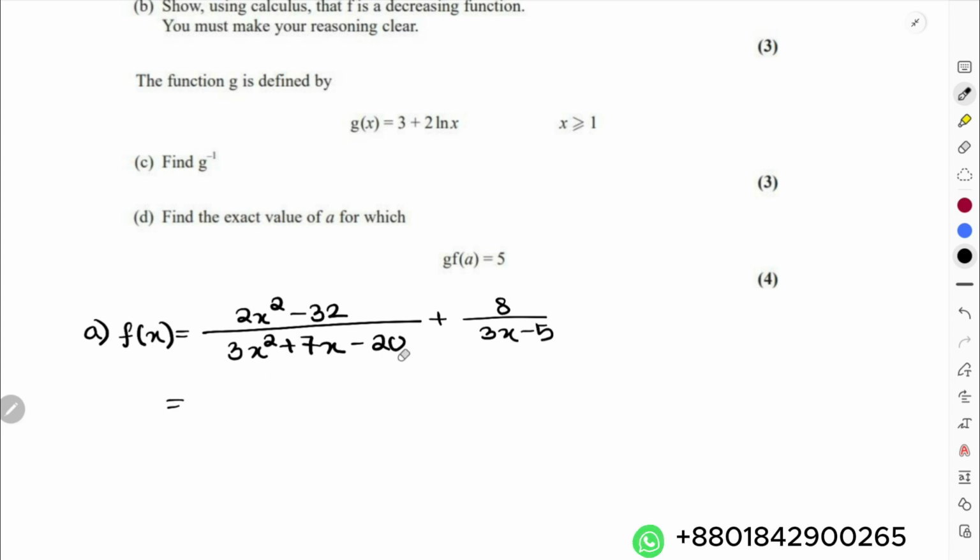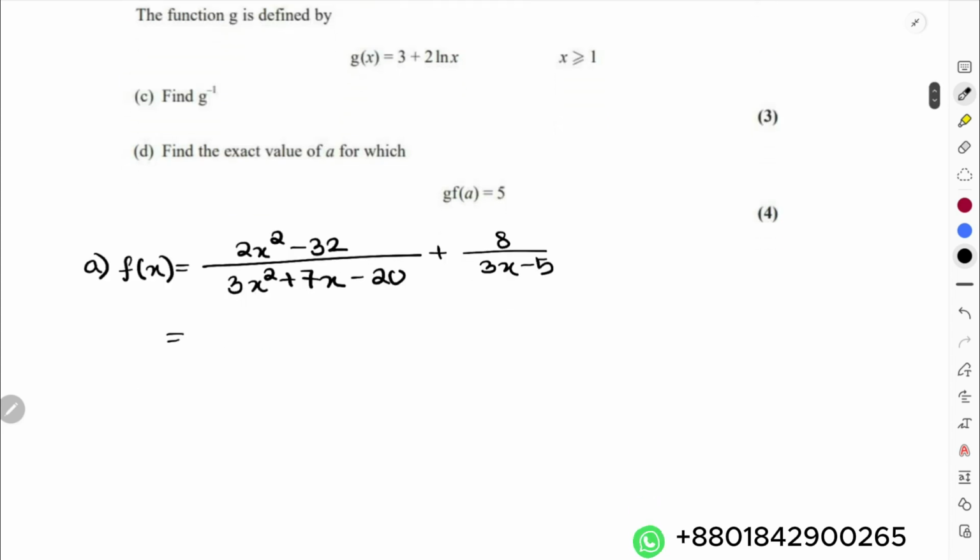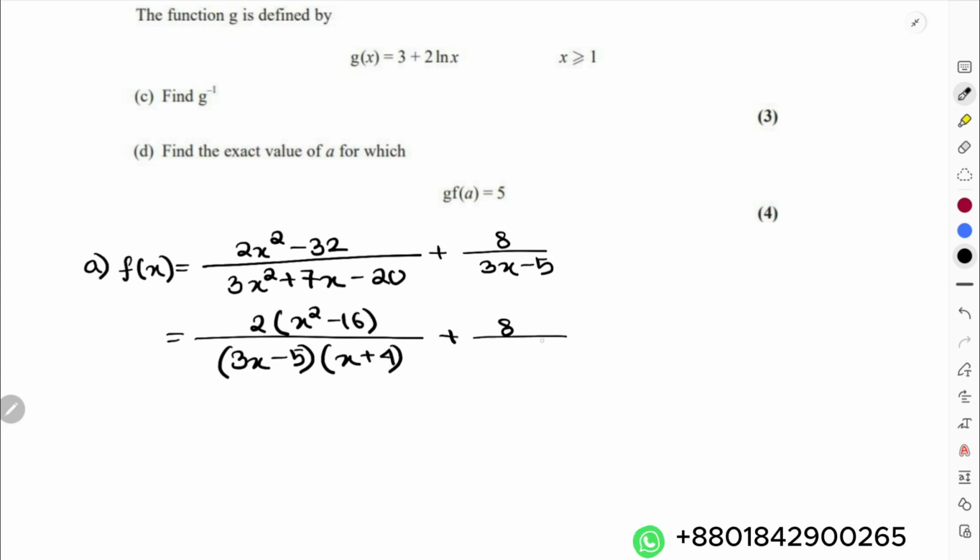Now for the denominator over here I can factorize this easily, right? If I factorize 3x squared plus 7x minus 20, I get 5 by 3 and minus 4. 5 by 3 means I can work with 3x minus 5, and minus 4 means I have to work with x plus 4, right? After this I can take 2 out of the numerator, so we get x squared minus 16, and then plus 8 over 3x minus 5.